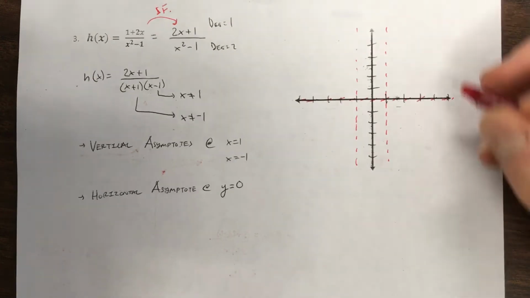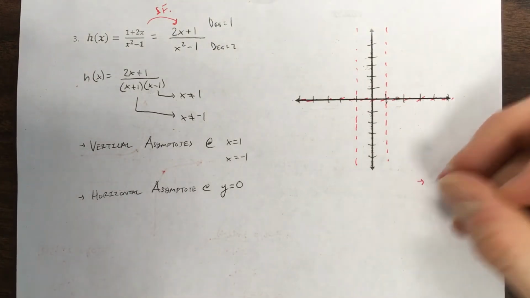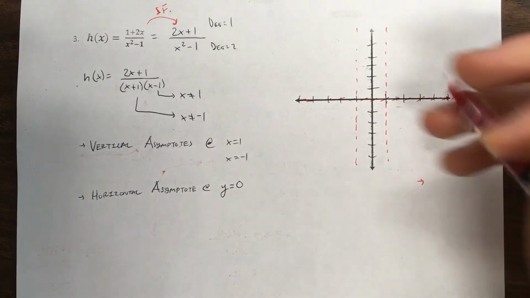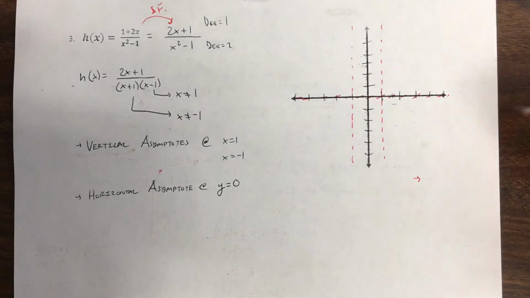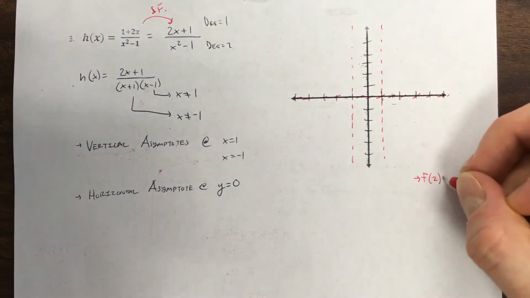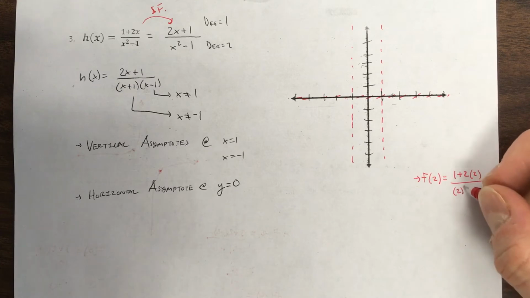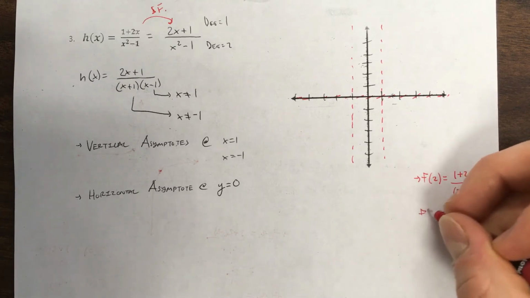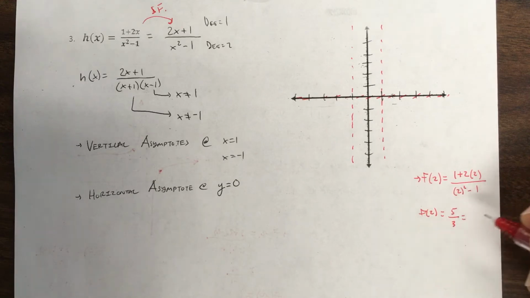Here we plug in a value. Here we have an asymptote at 1. Let's go 1 to the right maybe. That works. We can plug in 2, 3, 4, 5, anything to the right of this asymptote. I'm just going to choose 2. If we do that, we would end up with 5 over 3 or 1.67.